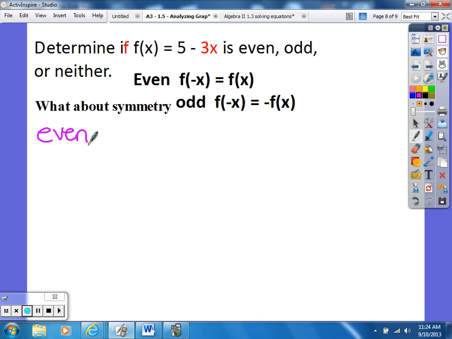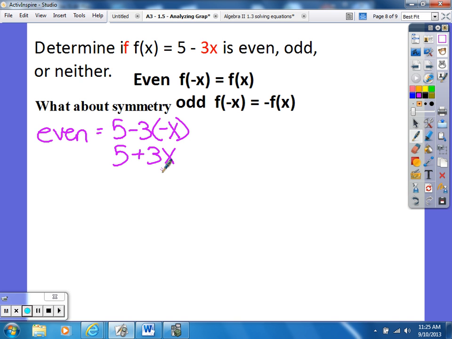If I'm checking even, I'm going to plug in -x to all of the x's. So 5 minus 3 times -x. What's that become? Minus 3 times -x, what's going to happen? It's going to become what? Yeah, exactly, Leanne. It's going to be plus 3x.